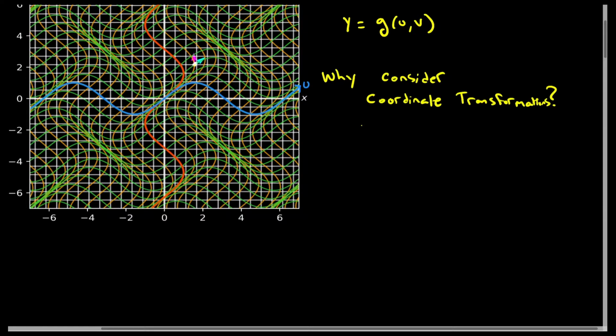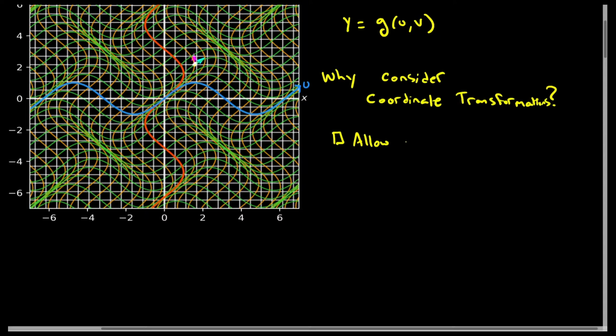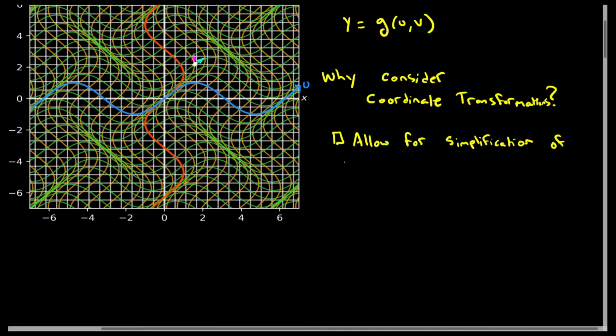Furthermore, the laws of physics themselves shouldn't depend on the coordinate system in which you choose to describe them. So we have to have certain invariances in the mathematics that we use to describe the laws of physics.